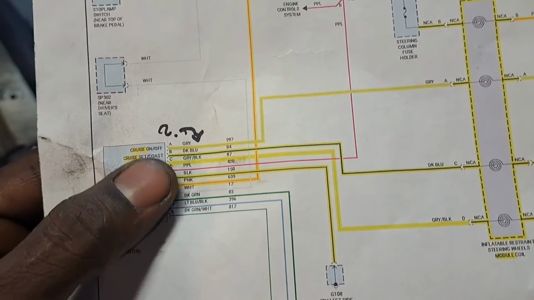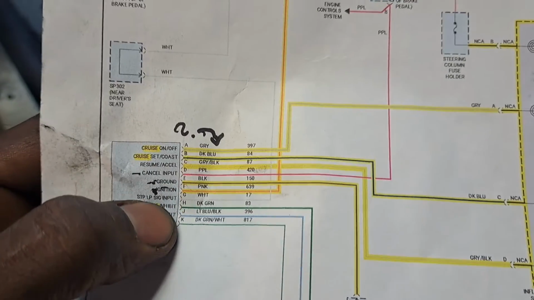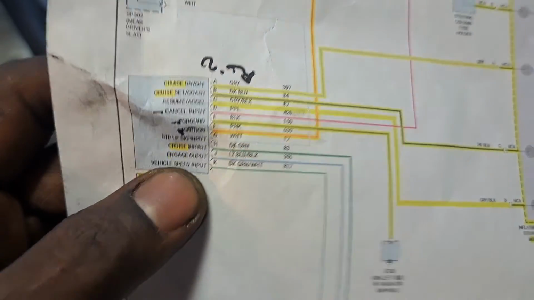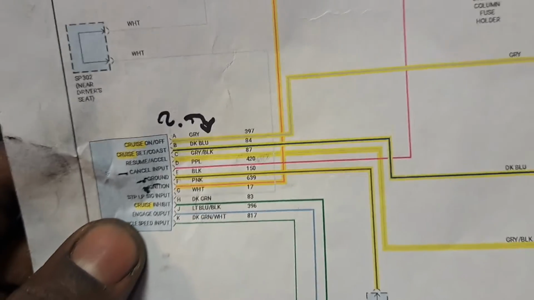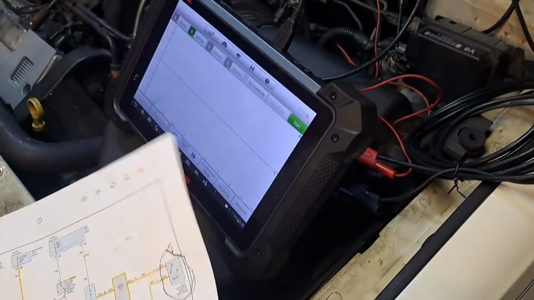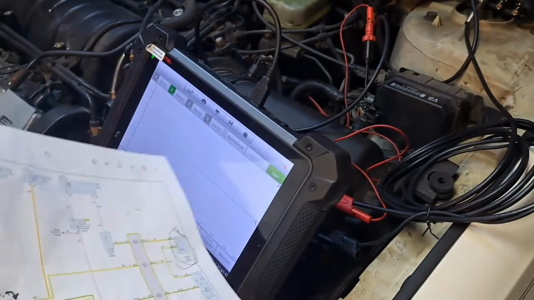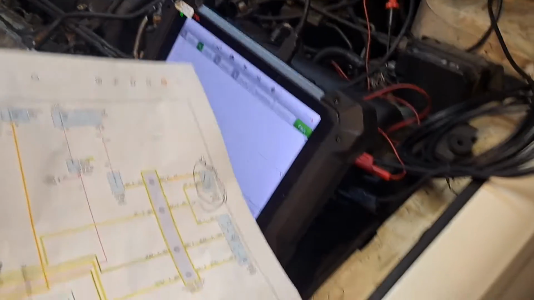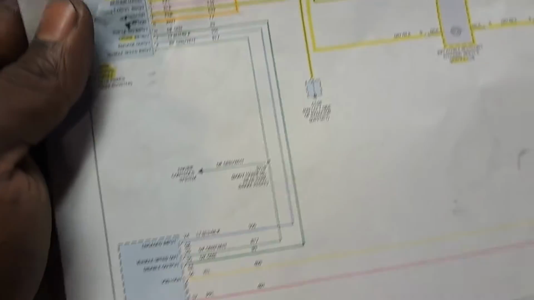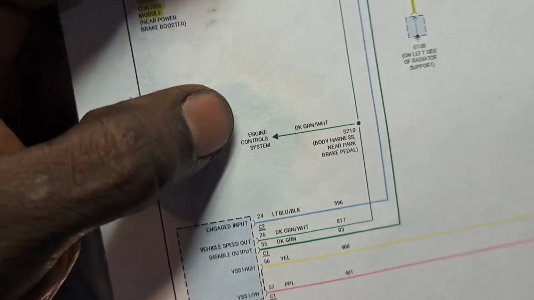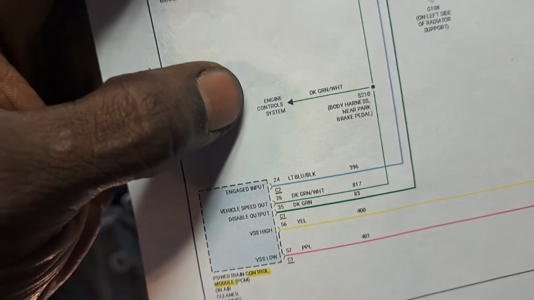The only thing I didn't check, even though we checked every single wire on here, was the vehicle speed input. As for the directions, I'm supposed to see a square wave. So let me finalize this diagnosis of the cruise control unit by seeing if we have a square wave. I do have the front wheels jacked up, and by the wiring schematics, this goes out to the engine control system, and then to the vehicle speed sensor.